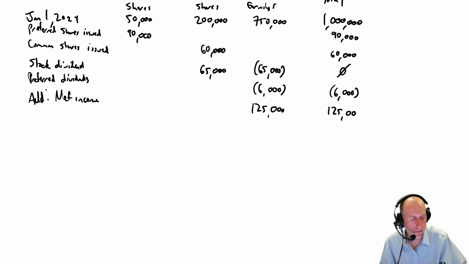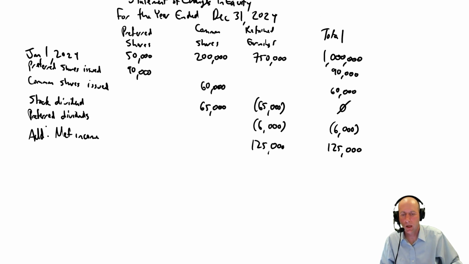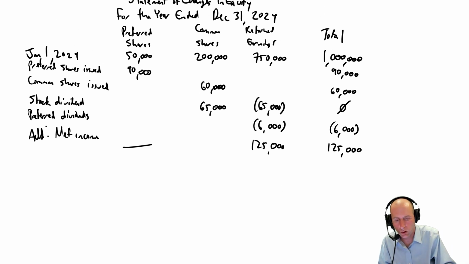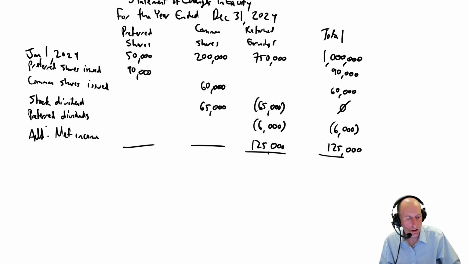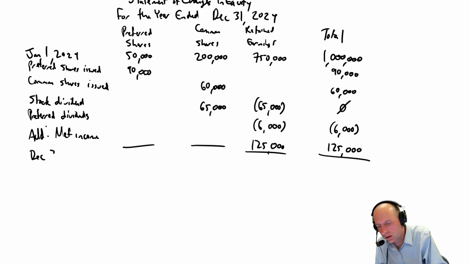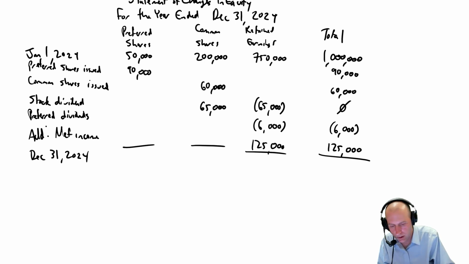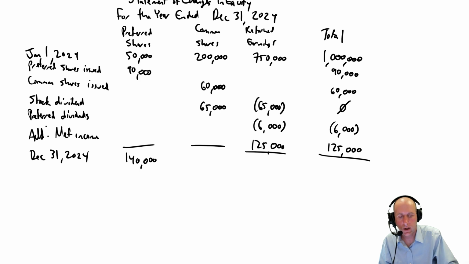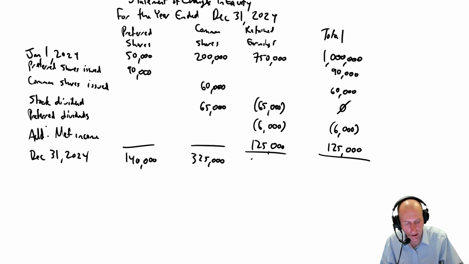And at this point, folks, we're done. So we just need totals across the board to get our December 31st, 2024 balances. So 50 plus 90, 140. 200 plus 60 plus 65, 325. 750 minus 65 minus 6 plus 125 is 804.